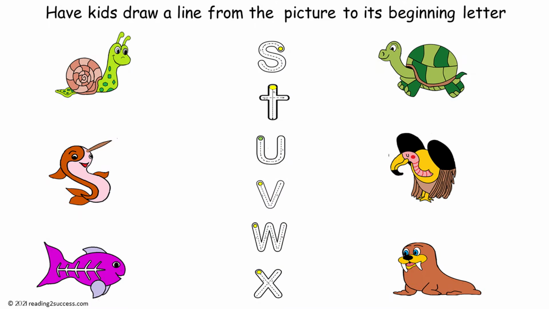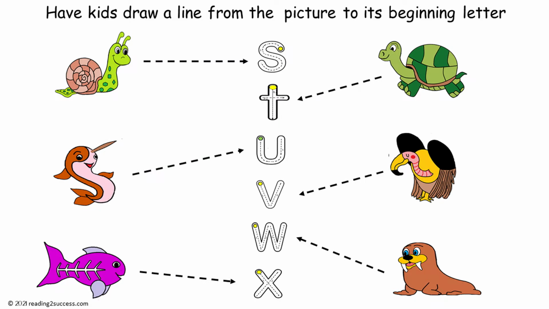Now have kids draw a line from the picture to its beginning letter. This is a completed example. S is for snail, T is for turtle, U is for unicorn fish, V is for vulture, W is for walrus, and X is for X-ray fish.